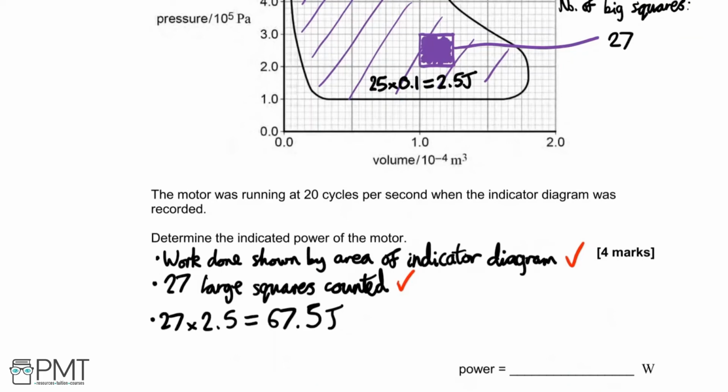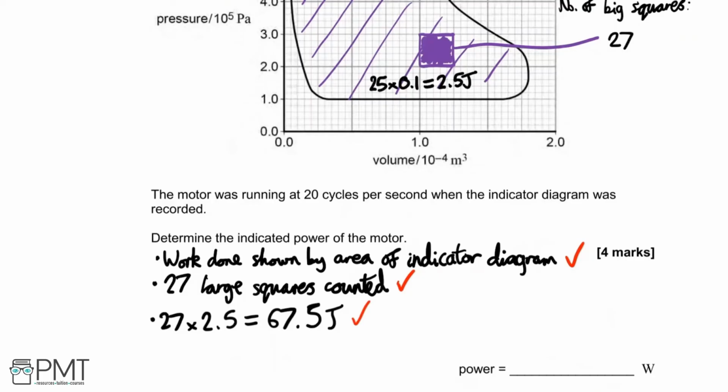Now, because people's methods of finding the area will be different, some people might not even use squares, they might separate this shape into strips, each with a given area. The mark scheme allows you to get an answer between 59 and 69, so 64 plus or minus 5. So our answer is well within that range.